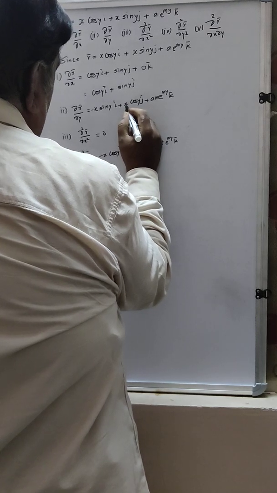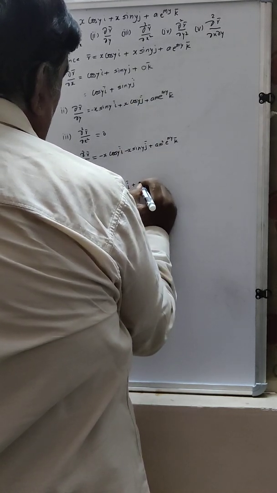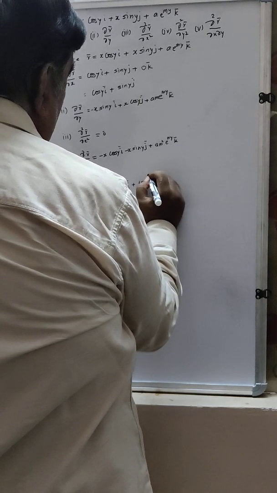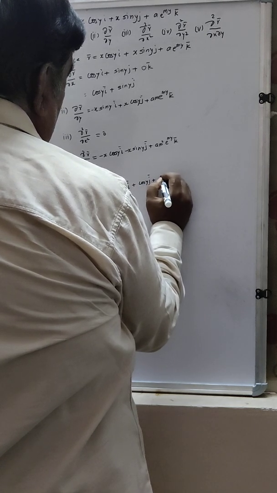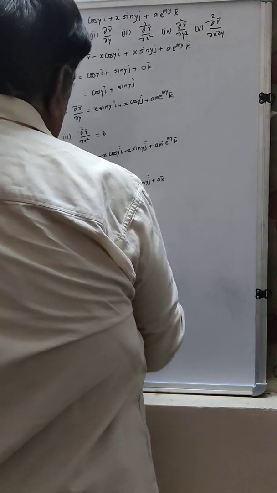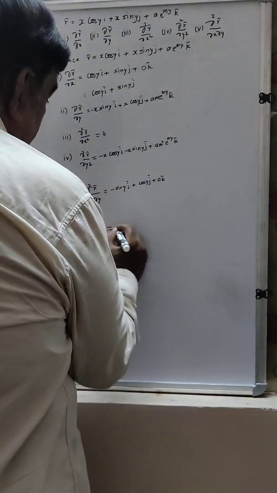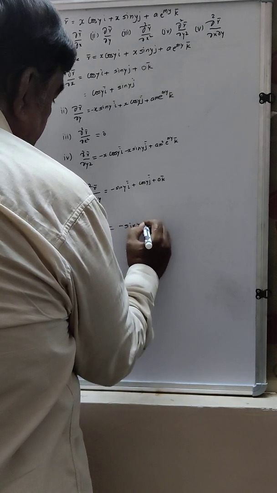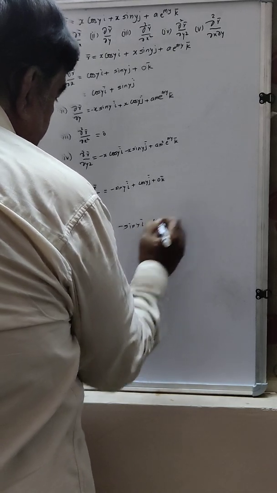Here cos y is constant, derivative of x is 1, plus 0 k vector, because a e raised to my is constant with respect to x. It is equal to minus sin y i vector plus cos y j vector.